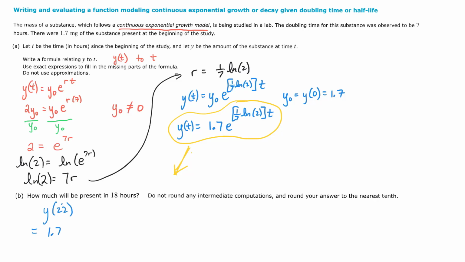1.7 e to the 1/7. I'm going to take a shortcut here. Instead of saying 1/7, I'm going to say 22 over 7 times ln of 2.